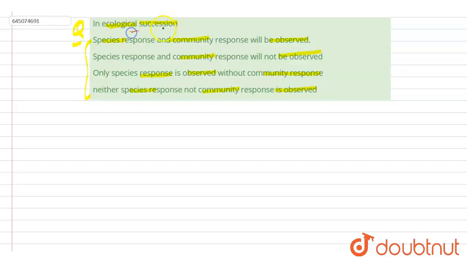So what happens in ecological succession? It is a process that describes how the structure of a biological community changes.